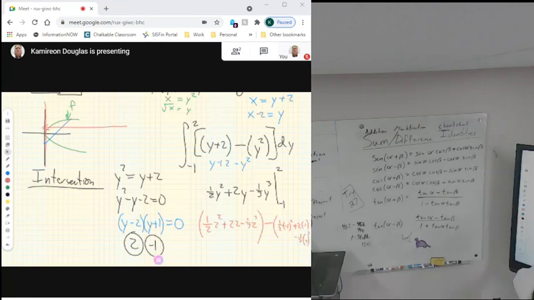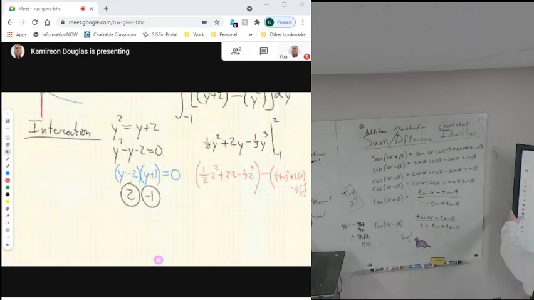Then I simplify. 2 squared is 4, 1/2 of 4 is 2, plus 2 times 2 is 4, minus 2 cubed is 8, times 1/3 would be negative 8/3.